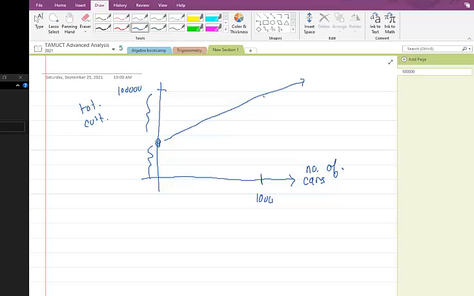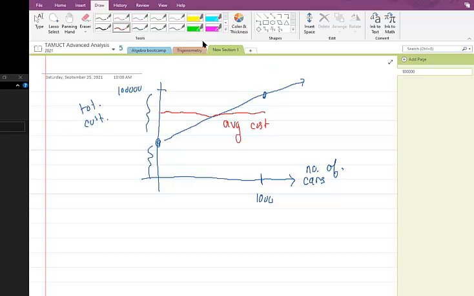So the average cost is the 100,000 over 1,000. Okay, so that is the slope of this line, but we don't really interpret it that way. The way we would interpret average cost is it's the height of a rectangle whose height is kind of the average of these heights. So this is average cost.